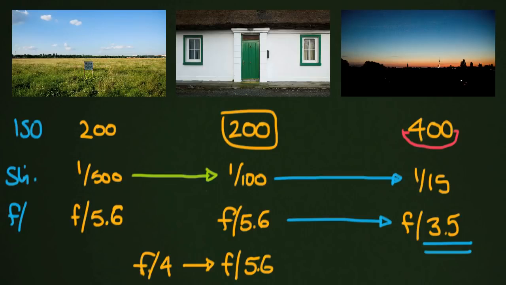You also have, for example, 125th of a second, and then 250th of a second, and that is also one stop of light. So shutter speeds can be one stop of light, and f-stops can be one stop of light away from each other.